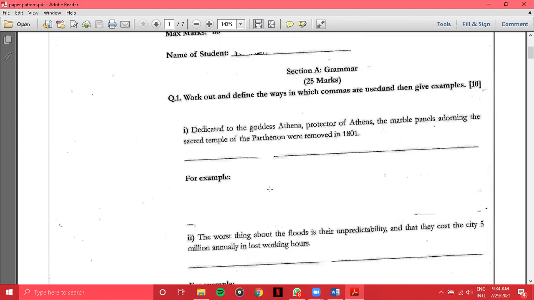Now, since they also require you to make sentences using the same type of comma on your own, what your homework assignment will be, or actually we can do it right now in class so that if there's any mistake, I can fix it for you right now. Take 10 minutes and think of sentences that you can make on your own using this kind of comma. I want you to come up with at least 6 sentences.